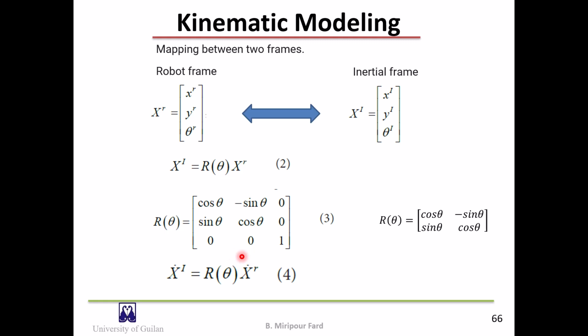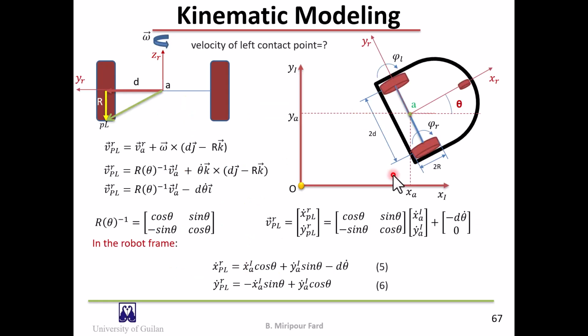This transformation will also enable the handling of velocities between frames. Equation 4 describes the relationship between the velocities in the inertial frame and the robot frame. The velocity of the wheel contact point can be calculated in the robot frame.